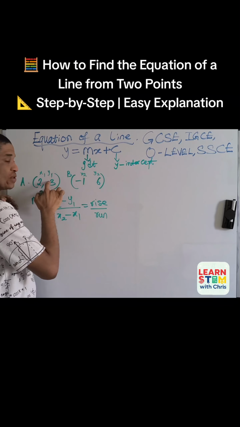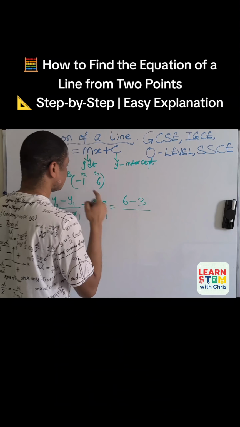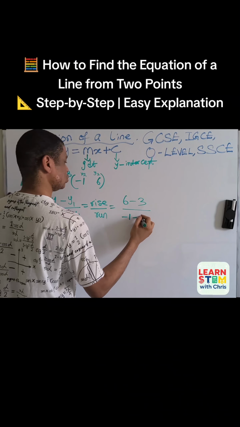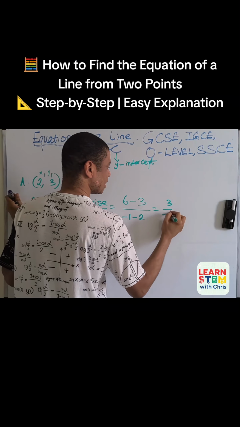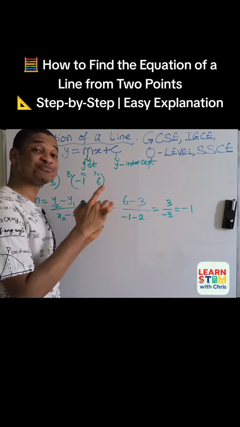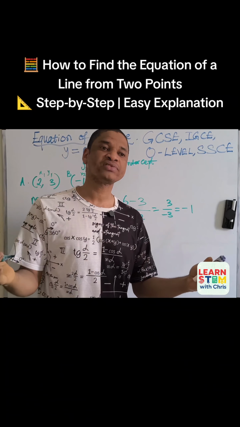So 6 minus 3, then -1 minus 2, which is -3. That gives me 3 over -3, which is -1. So this is my gradient. You might ask, how is it -3?